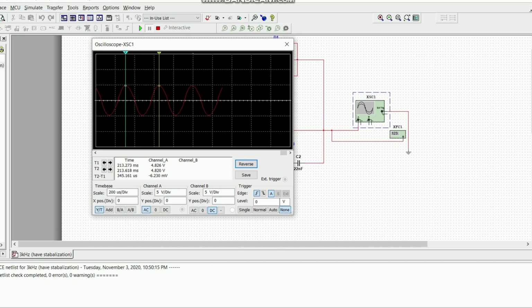This waveform is smoother and shows a more perfect sine wave compared to the circuit just now. The period is 345.161 microseconds and the frequency we get is 2.9 kHz, which is nearer to 3 kHz.